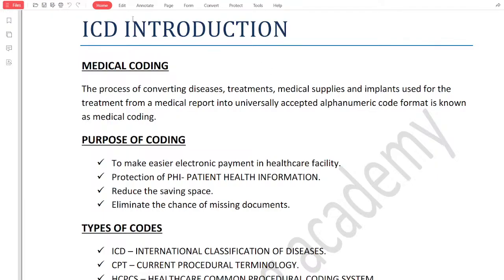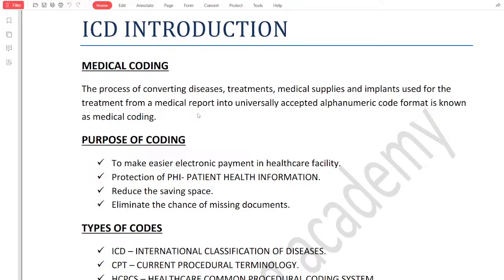What is the meaning of ICD? It is the International Classification of Diseases. Let's start with what is medical coding. Medical coding means the process of converting diseases, treatments, medical supplies, and implants used for the treatment from a medical report into a universally accepted alphanumeric code format.